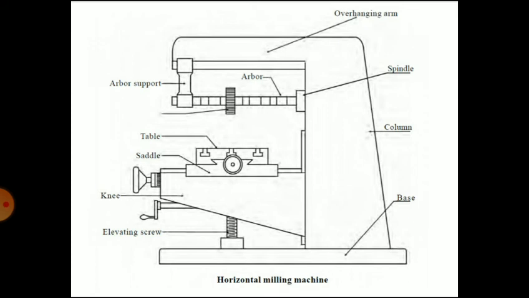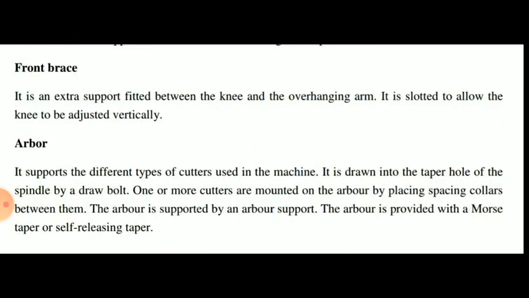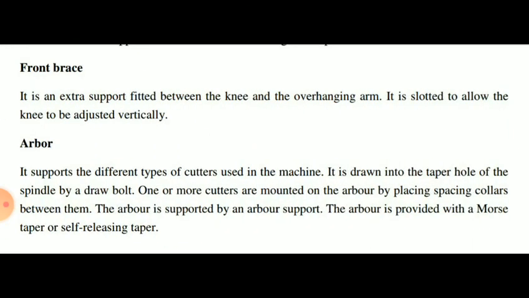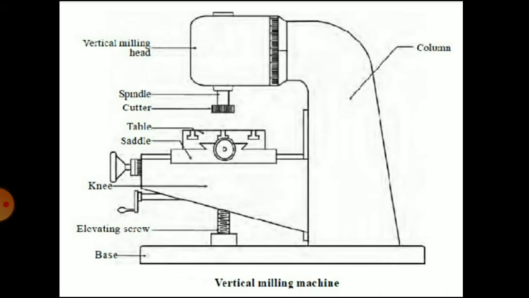With the help of the spacing collars, you can mount the cutter at the desired position. So this is regarding the construction and working of the column and knee type horizontal milling machine.